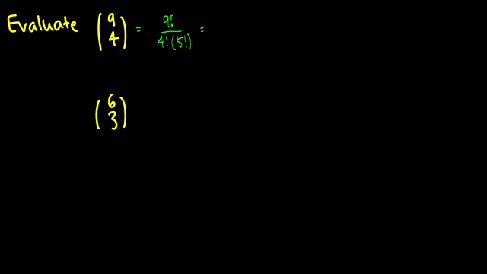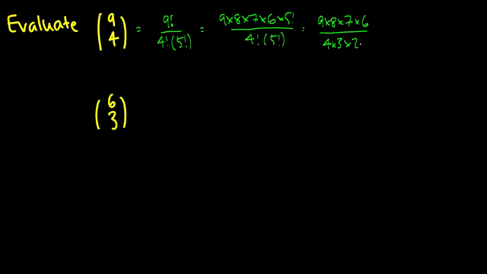So what we have here is 9 times 8 times 7 times 6 times 5 factorial over 4 factorial times 5 factorial. You always want to cancel the largest factorial, so that you're doing the least amount of computational work. Then we get 9 times 7 times 8 times 6 over 4 times 3 times 2 times 1.